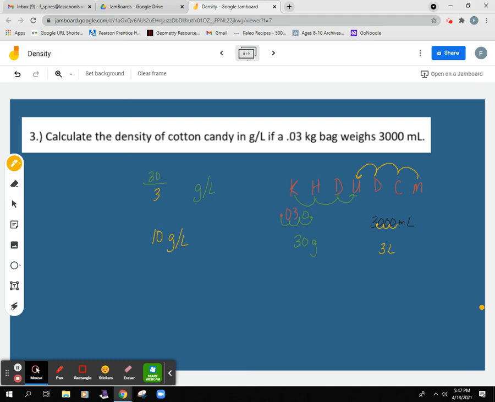You did have to do a filler: if you move it and there's nothing there, you have to put a 0 in. And then we also had to change our milliliters to liters, and that was a movement of 3 to the left. So I moved that 3 to the left to get 3 liters. And again, the gram per liters was a real dead giveaway. I put the grams on top, the liters on bottom, and then I divide, okay?